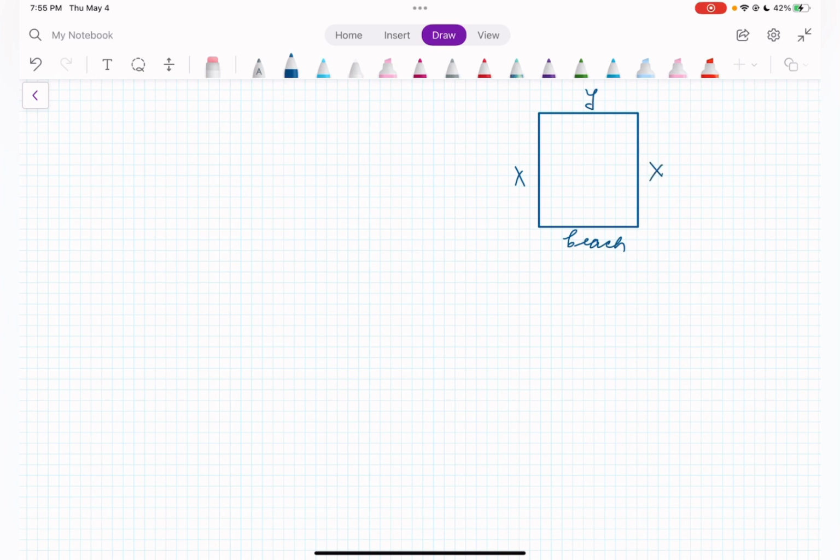To maximize the area, we are going to take x times y. That is going to be our area. Let me rewrite this as a function of x and y, because we are using x and y.